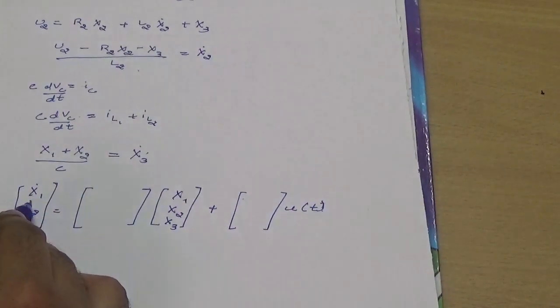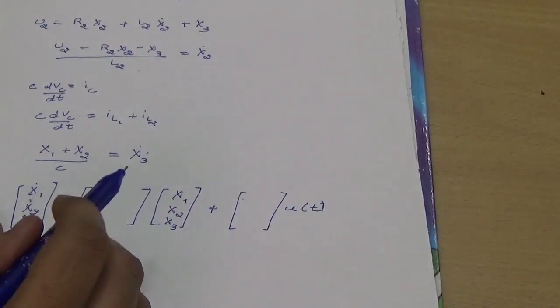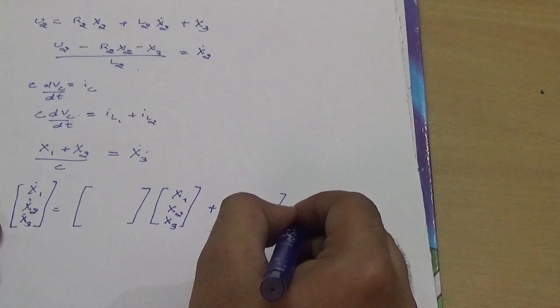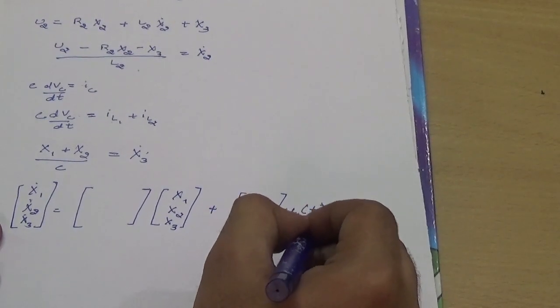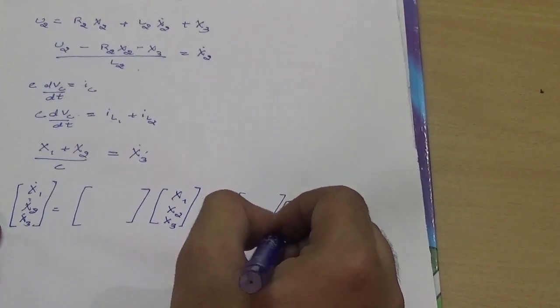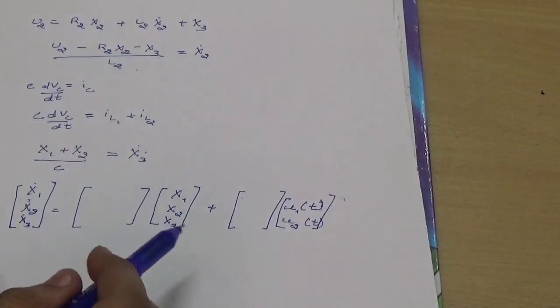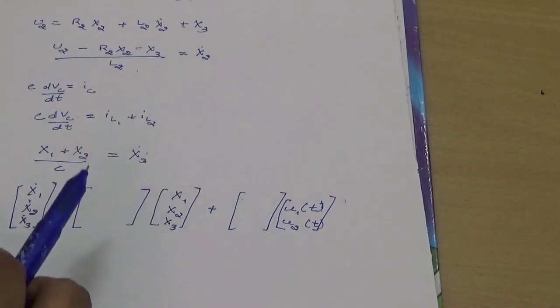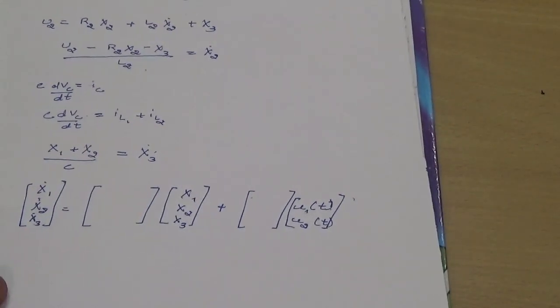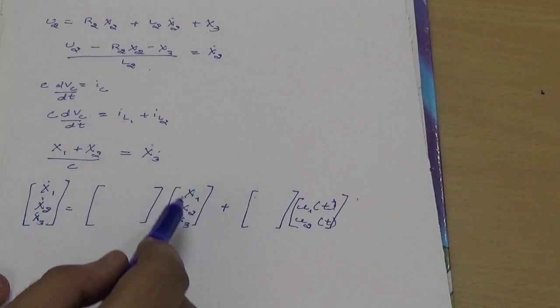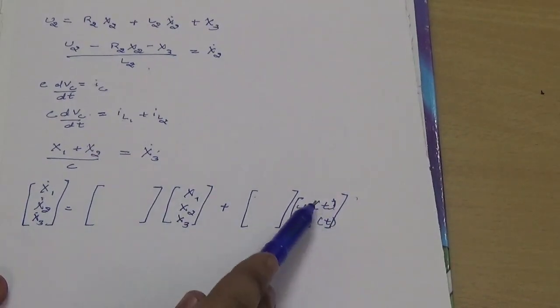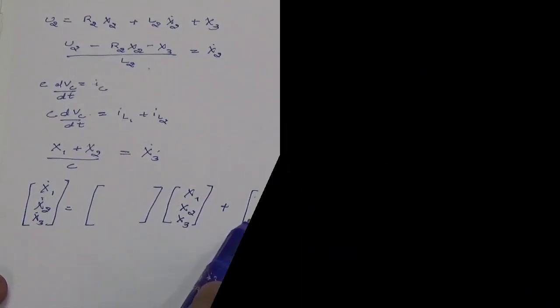Now the x1 dot expression has got the inputs u1 and u2, because there are two inputs. Now this is how the state model equation looks: state variables multiplied by a matrix, inputs multiplied by a matrix.